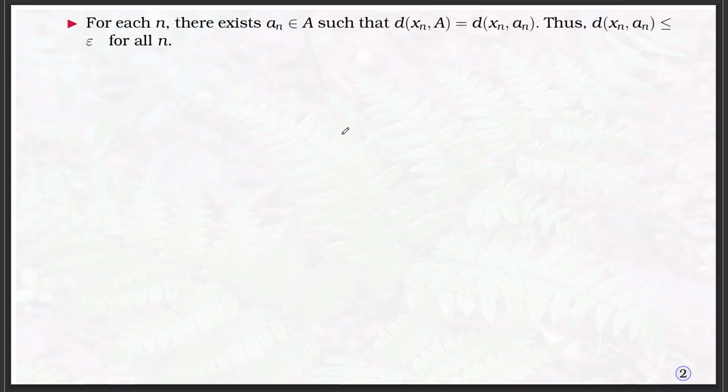Now, for each n, there exists an belonging to A such that the distance between xn and A is equal to the distance between xn and an. So, for each n there should be one member in A such that their distances are equal. Thus, the distance between xn and an is less than or equal to epsilon for all n.